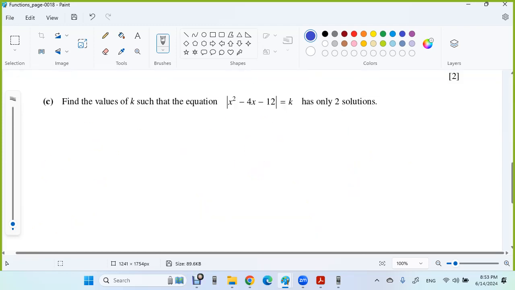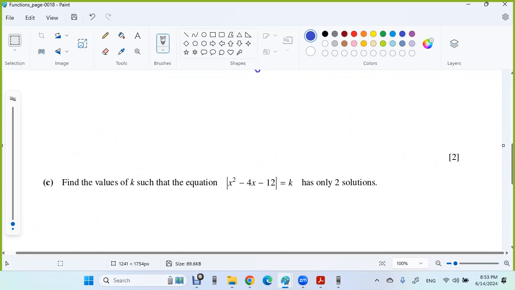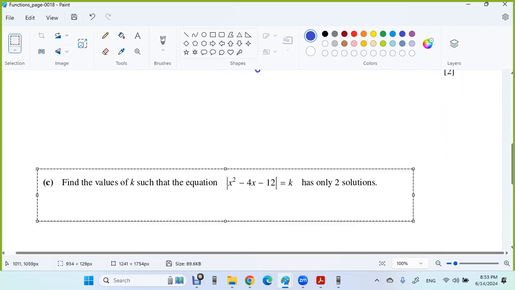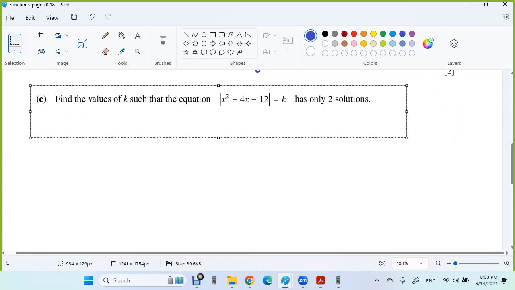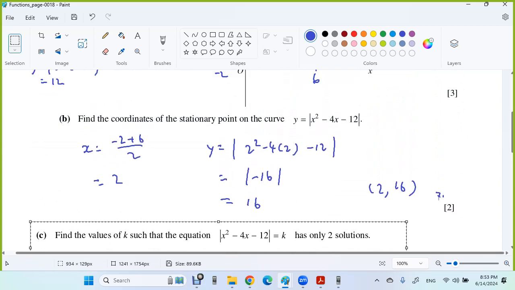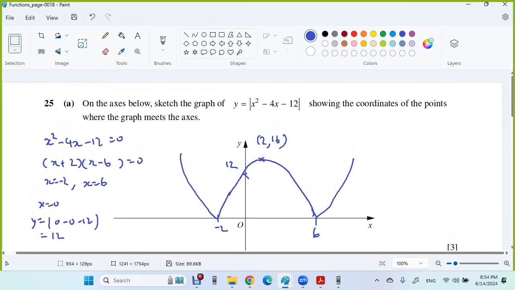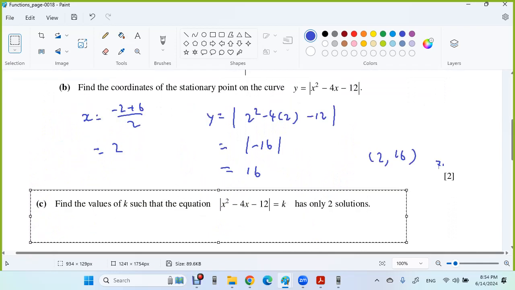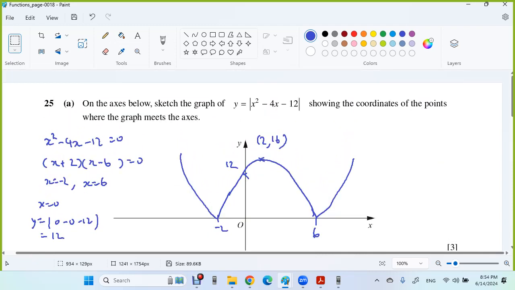And then next, find the value of k such that this has only two solutions. So only two solutions: when k equal to 0, it will have two solutions.